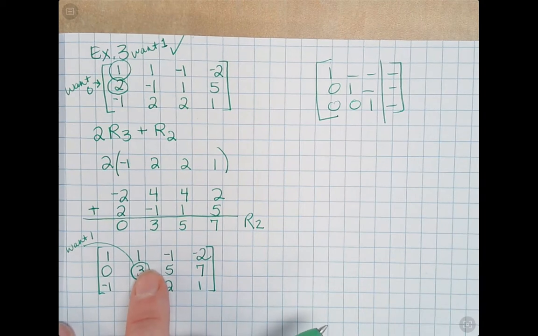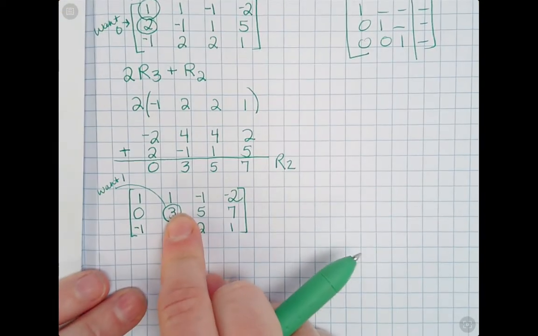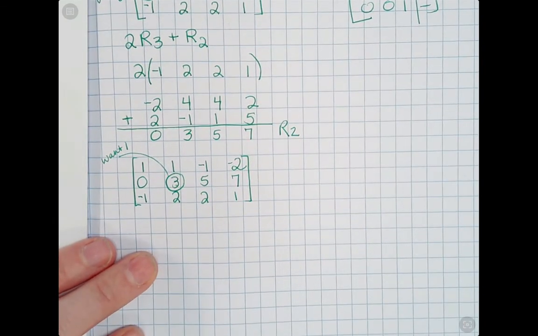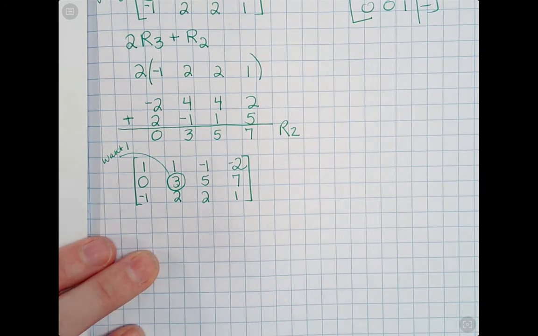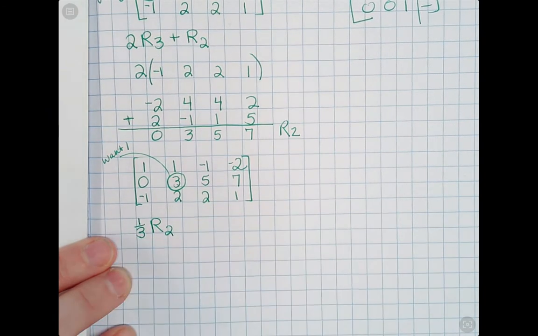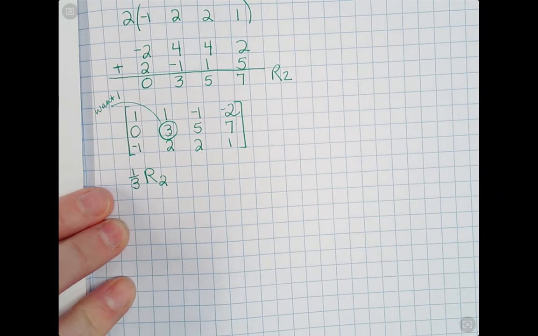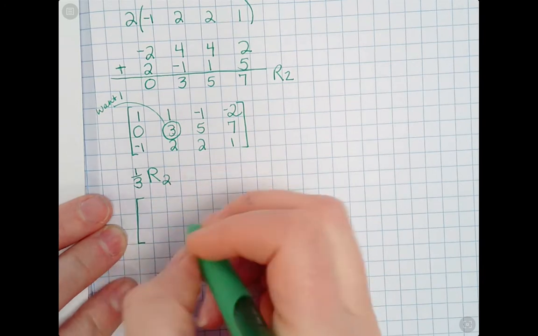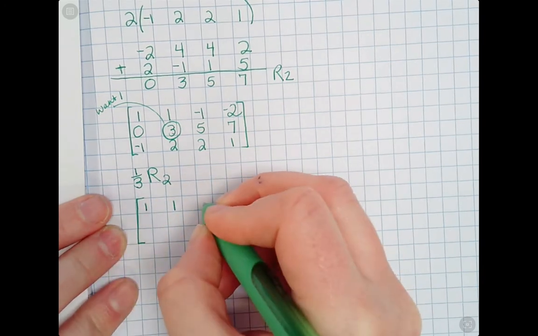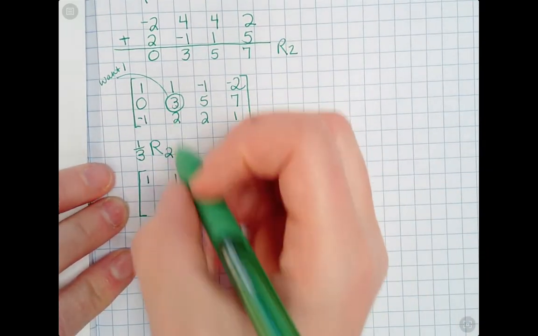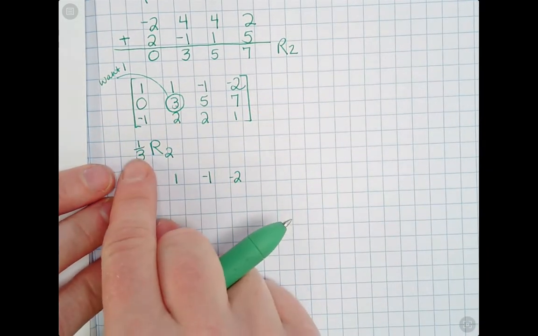So our next thing that we're looking for is to get this 3 to be a 1. What could I do to row 2 to make that equal to 1? Say that again. Yeah, do 1/3. So we can do 1/3 of row 2 for our new row 2. So I'm just going to rewrite the matrix. Same row 1. But for row 2, if I do 0 times 1/3, I'm still going to have a 0 there.